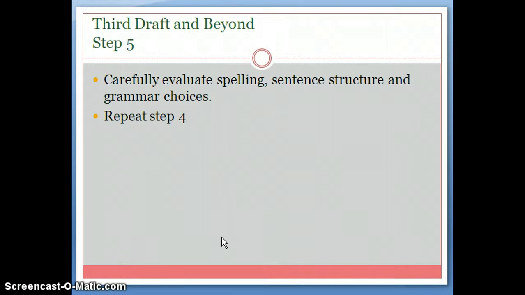Could I use a colon? Could I use a comma? Could I use whatever it might be? What can I do to make those sentences stronger and more interesting for my reader? I'm also really going to look at my grammar choices. So at this point, I'm really going to carefully go through and make sure that all that's pretty good.